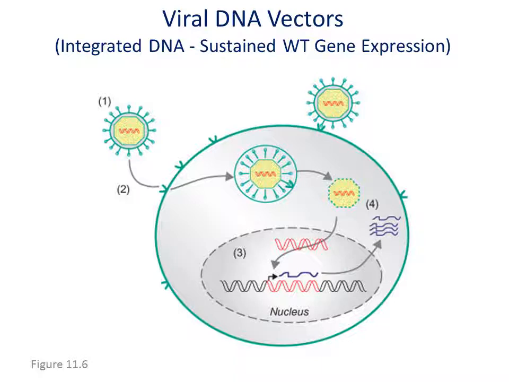One key vehicle for getting DNA into the cells is using viruses. Viruses are readily able to infect cells, and so we alter the viruses: you disable some of the genes that cause various illnesses and diseases, and rather you introduce your DNA of interest.